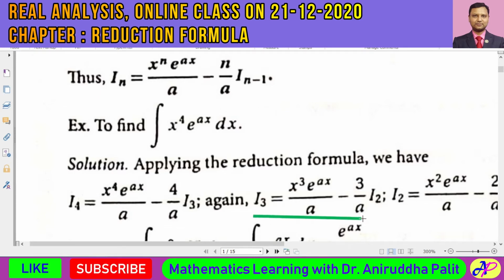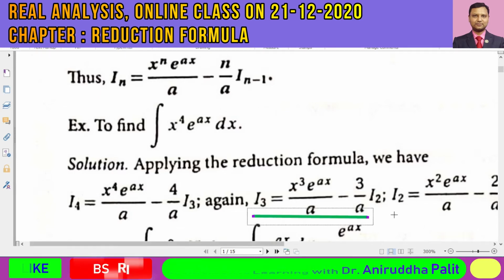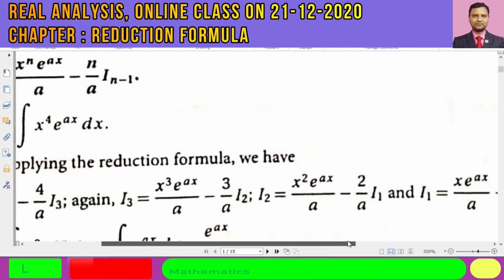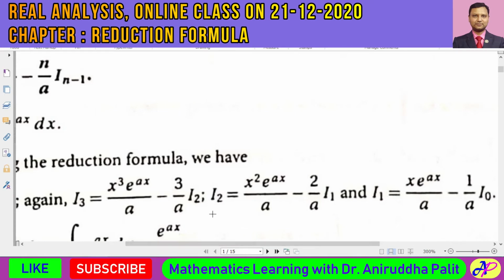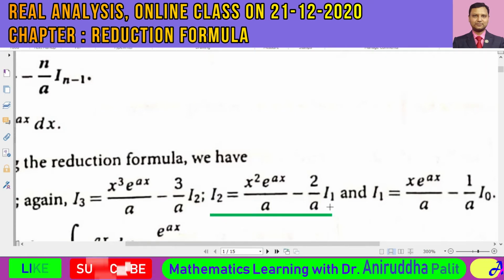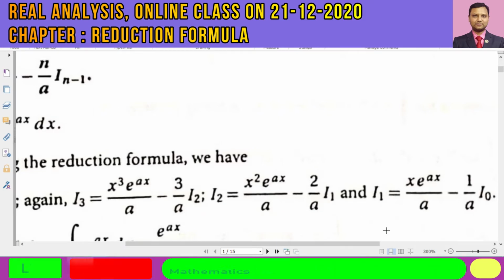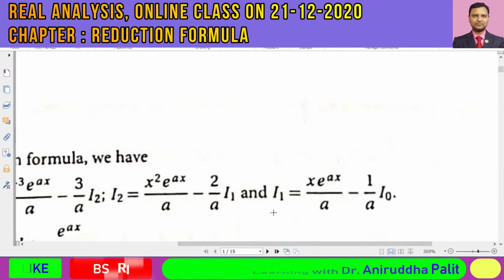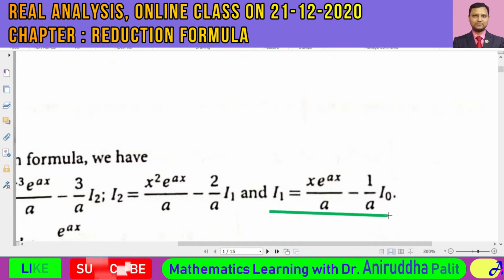Now compute the expression of I_3 in terms of I_2. So what do we now need? We now need the expression of I_2. Therefore, we put n is equal to 2 and we get the expression of I_2 in terms of I_1. Got it? And afterwards, we just put n is equal to 1. So we get the expression of I_1 in terms of I_0.